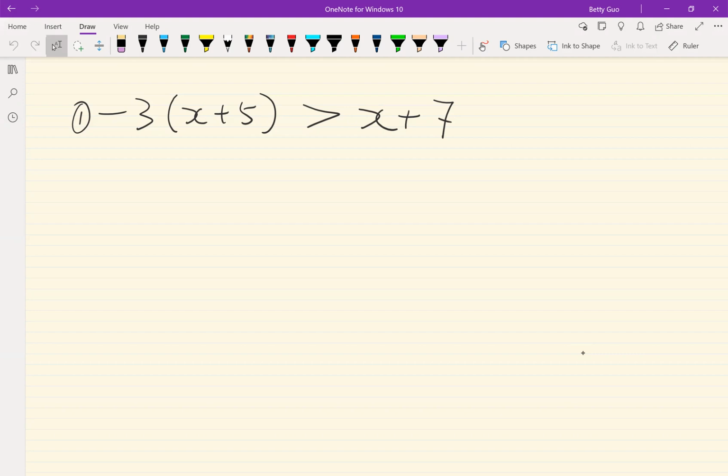Apply the distributive property. The formula for the distributive property is A times (B plus C) equals A times B plus A times C. And look at how many terms we have. You want to try transposition of terms in this case as well. You want to isolate the x, so you move this x to the left-hand side and move negative 15 to the left.